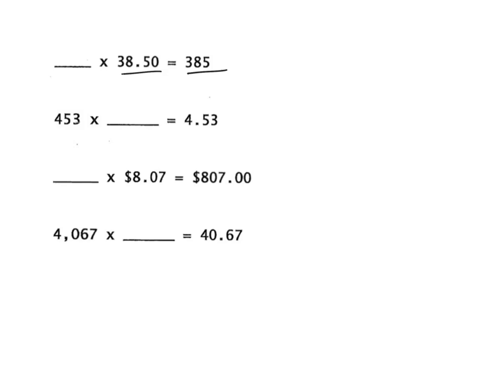And so the next step would be looking at this and thinking about, okay, if I am going to be multiplying by 10, 100, or 1,000, how many jumps occurred? I'm going to write this out to the side. It looks like it went from 38 and 50 hundredths to 385.